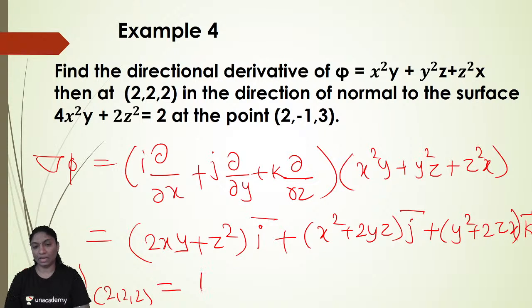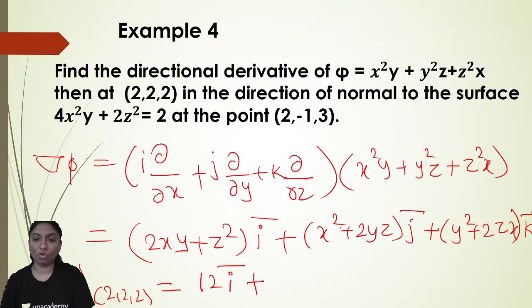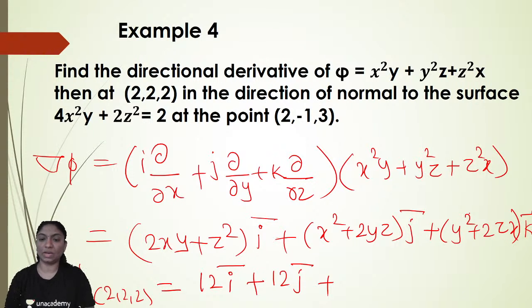Plus x square is 2 square, 4, 4 plus 2 into 2 into 2, again 12 j bar. Plus y square is 2 square, 4, 4 plus 2 into 2 into 2, again 8, so 12 k bar. So this is your del phi at point P.